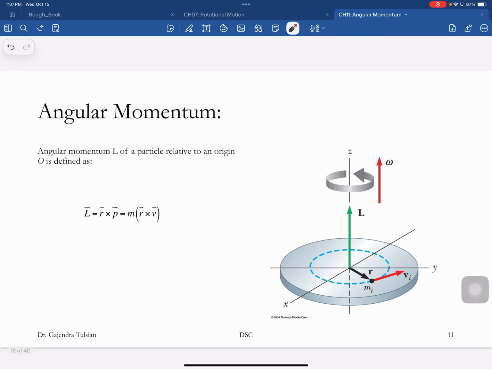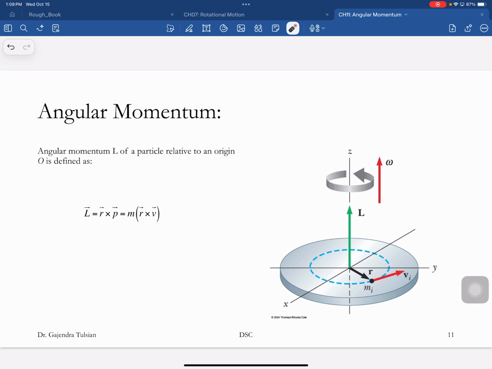Here's angular momentum, denoted by L. Let's look at this disk. Here's this point, this little bit of the disk going at that velocity. The angular momentum of this piece about that point is defined very similarly to torque. R is the vector from the point about which you're calculating the angular momentum. You can calculate it about any point.